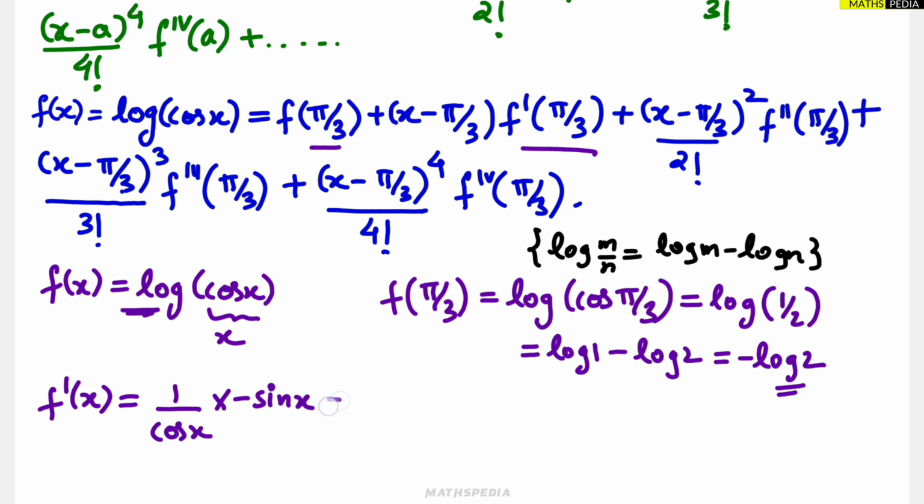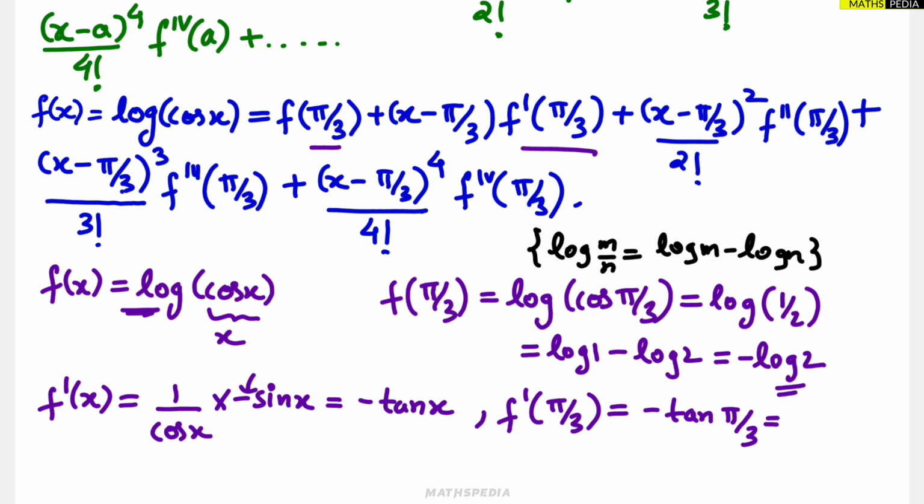So this can be further written as sin by cos is tan. So minus tan x, this minus sign is there. Now we need to find out f dash of pi by 3. 180 by 3 is 60. So we need to find minus tan pi by 3. What is the value of tan pi by 3? Tan 60 is root 3. So minus sign is already there, so minus root 3.